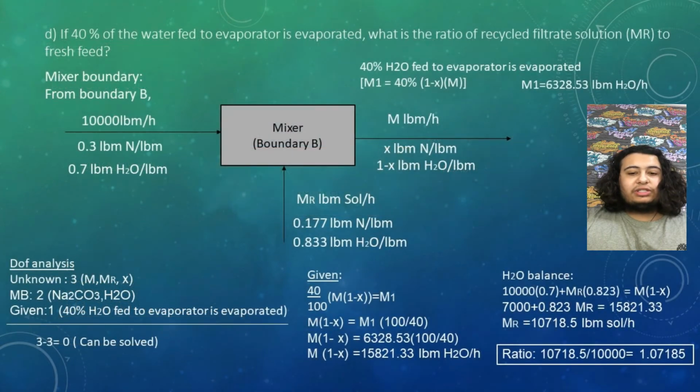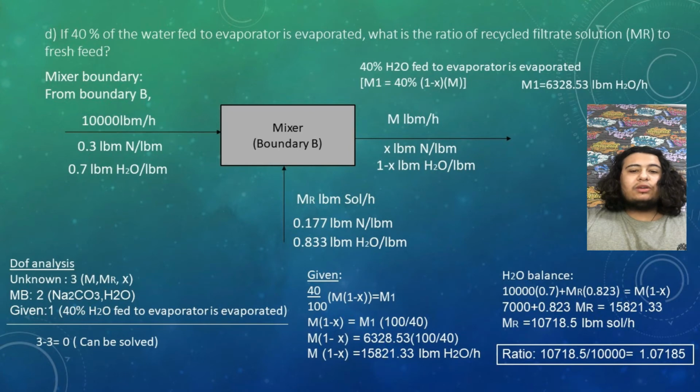For question D, the mixture boundary is boundary B, and we did the DOF analysis and drew the diagram. Because it's a mixer, we have two inputs and one output. The given is 40 over 100 multiplied by m multiplied by 1 minus x equals m1.